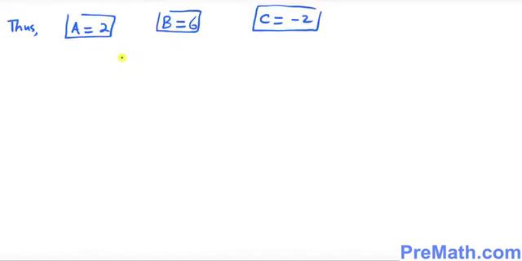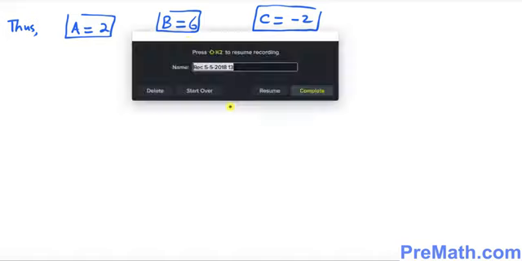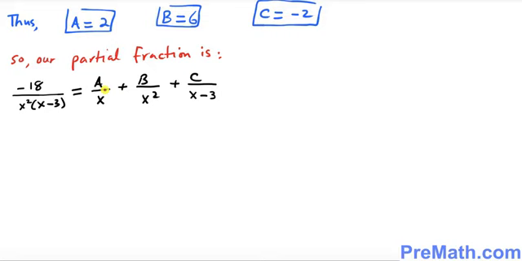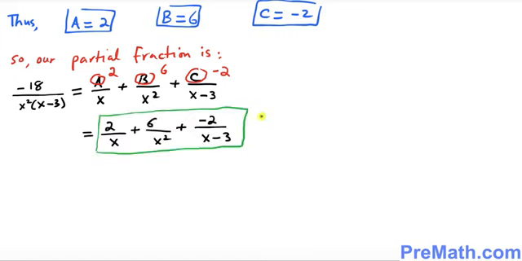Thus our a, b, c values are right up here. We figured them out. So our partial fraction is going to be simply, whatever a is, you replace a by 2, b by 6, and c by negative 2. Thus our partial fraction turns out to be this one.